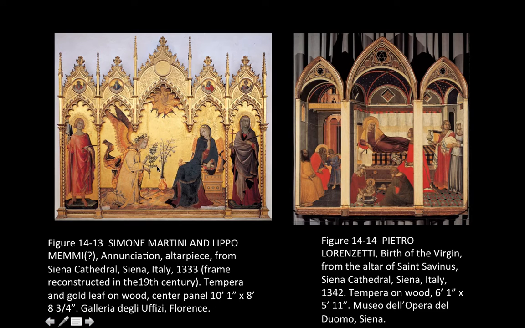Anyway, you see that the angel here who's come to Mary with the announcement that she'll be giving birth to a child that is divine is delivering his message, but Mary looks a little bit less than super excited about it. She seems to be having some second thoughts, and this introduction of human emotion into art shows the beginning of the Renaissance.